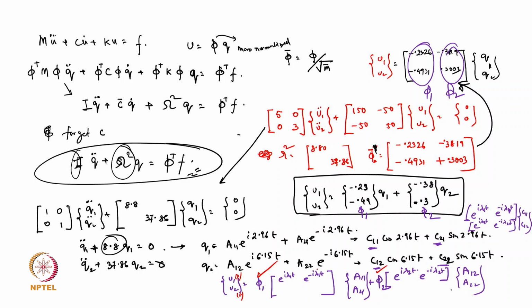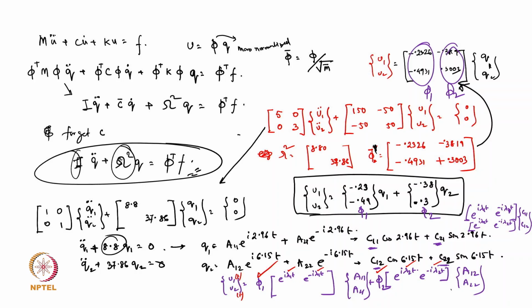E to the power of I lambda 1 t: E is known, I is known, lambda 1 is known, and lambda 2 is also known for that system. So we know most of the things. What don't we know? U, and A11, A21, A12, A22.